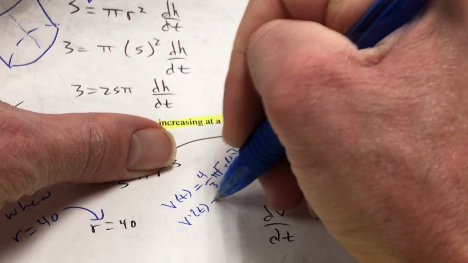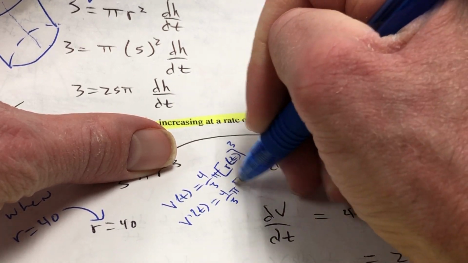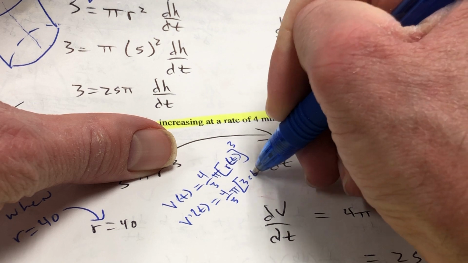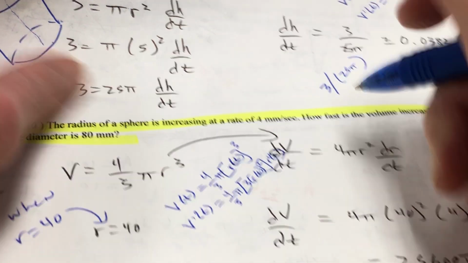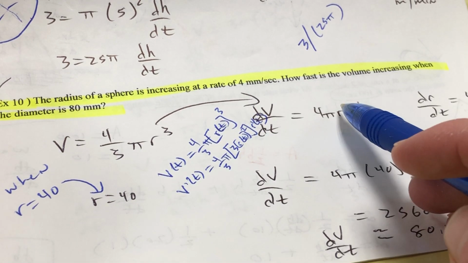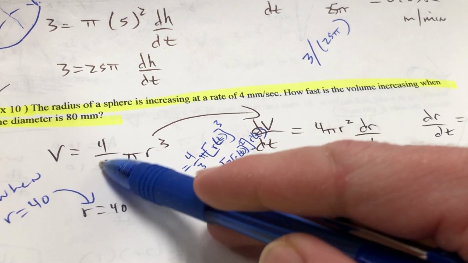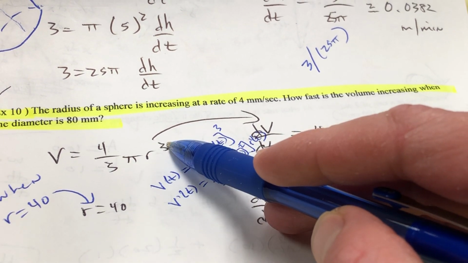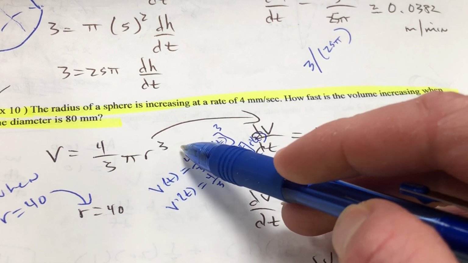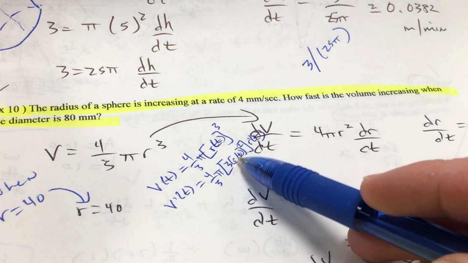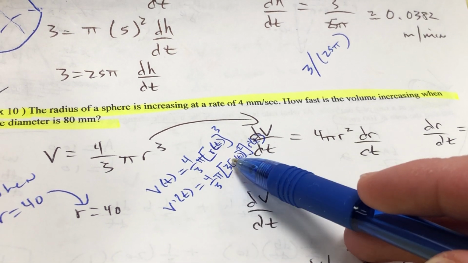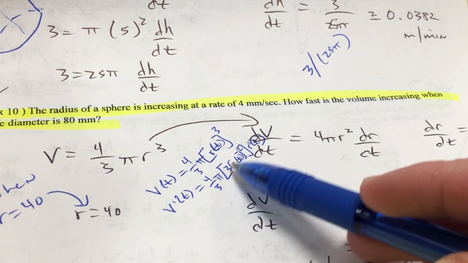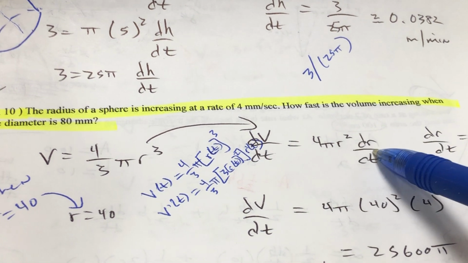V prime of t is equal to 4/3 pi times 3 r of t squared times r prime of t. Or, going from here to here, dV/dt is equal to 4/3 pi times 3 r squared dr/dt. The 3 over 3 cancel to give you 4 pi r squared dr/dt.